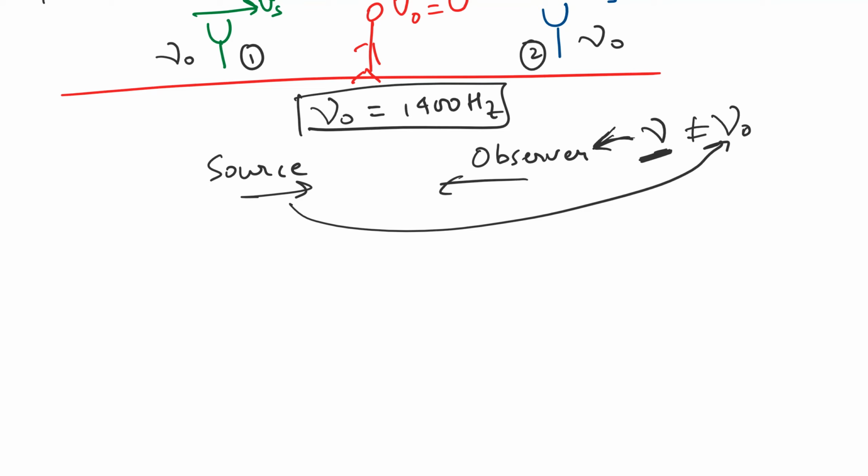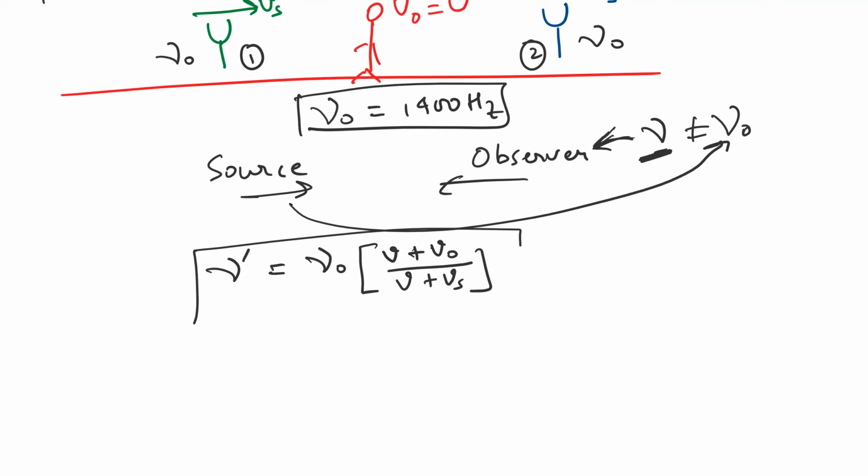From the formula of the Doppler effect, we get nu dash, the apparent frequency, equals the original frequency nu naught into (v plus v0) divided by (v plus vs), where v is the velocity of sound. This is the general formula for the Doppler effect.